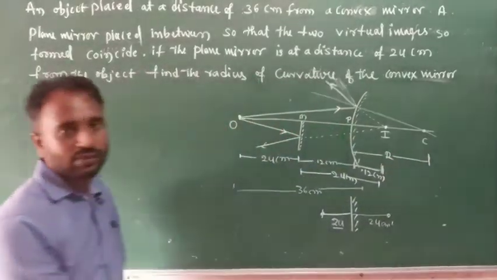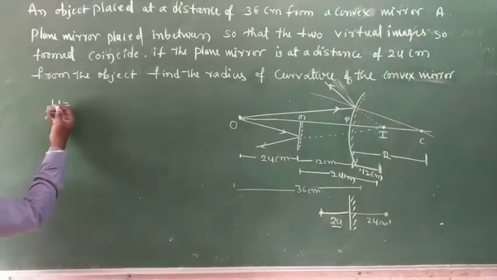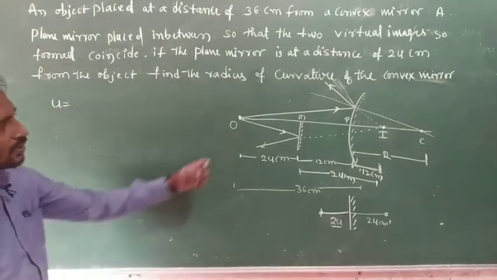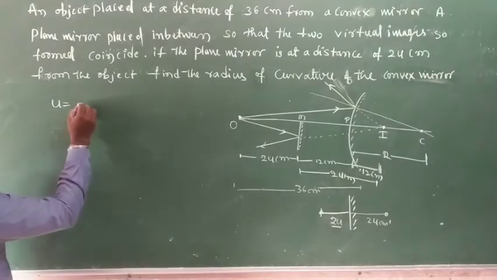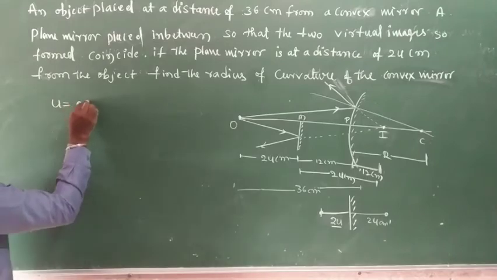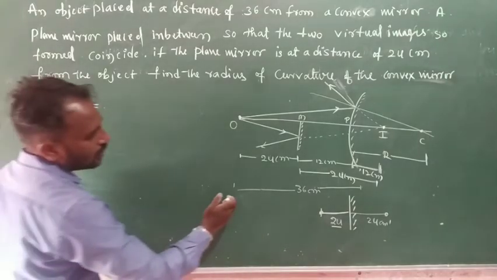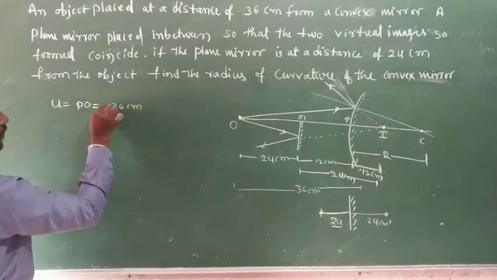The object distance, the distance between point P and O, is the total distance, 36 centimeter.